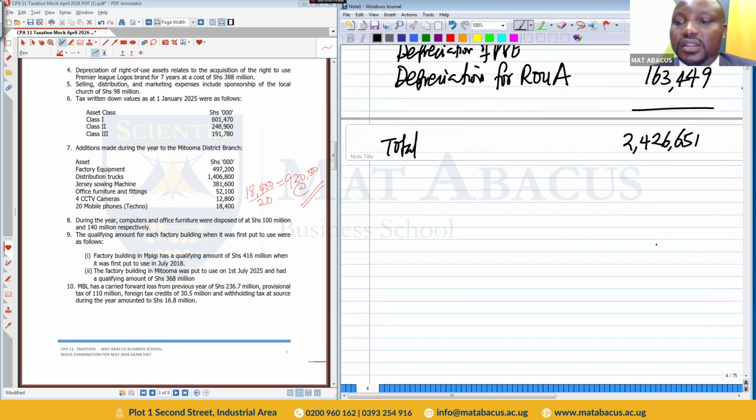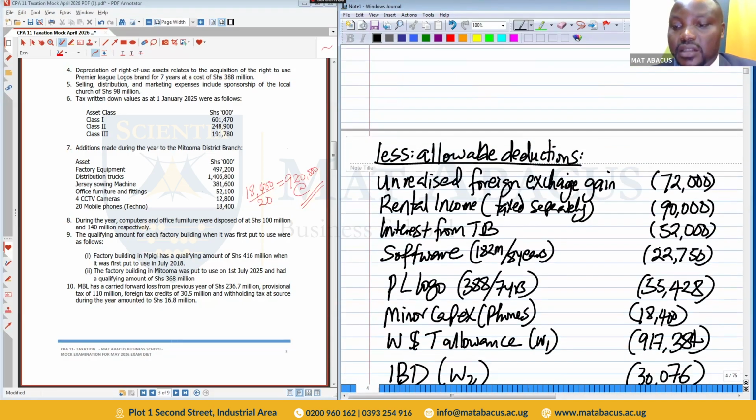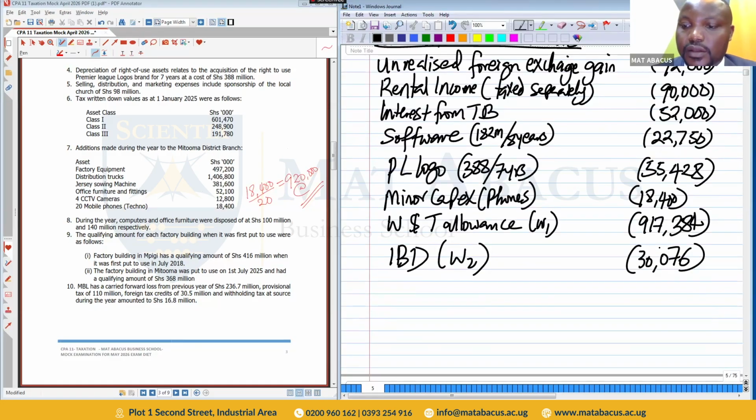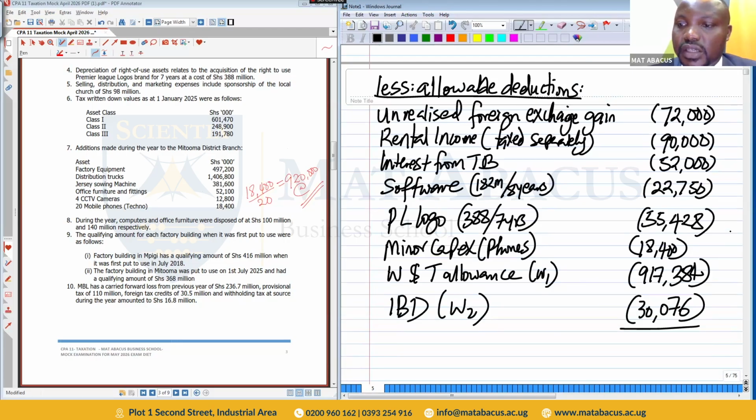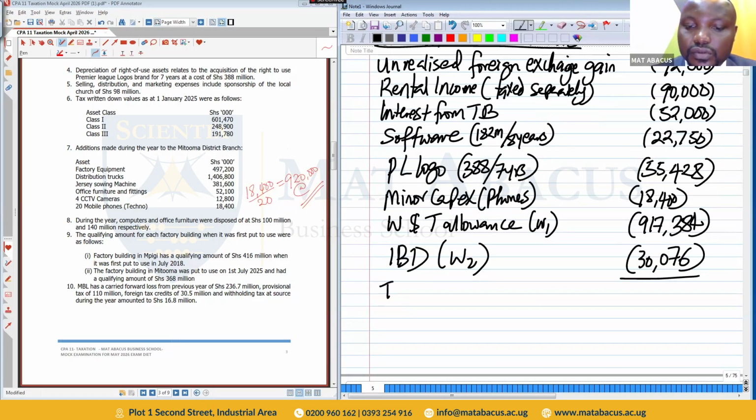So after that, then you move down and also add these ones. So when you add them, so basically you can add them, total allowable deductions.